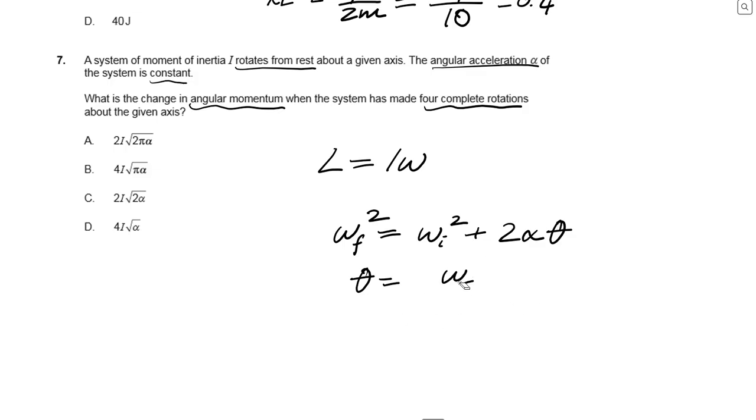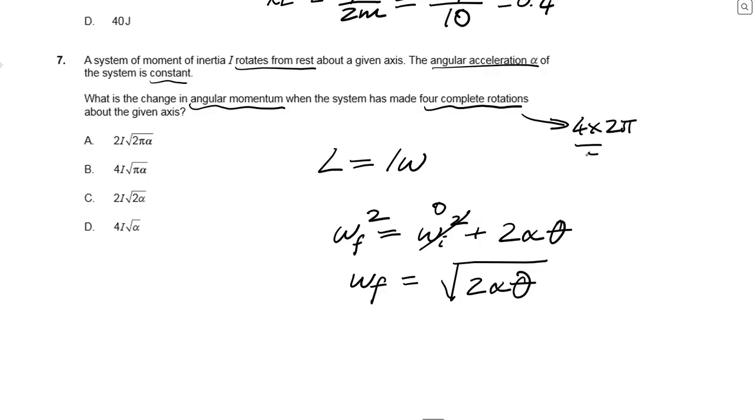So that is exactly what we needed anyway. All we have is, this is 0 by the way, so 2 theta, right? And theta is 4 complete rotations. 4 complete rotations is 4 times 2 pi. That is equal to 8 pi. So that is 2 acceleration, 8 pi, 16 pi. And that comes out as 4 root pi.